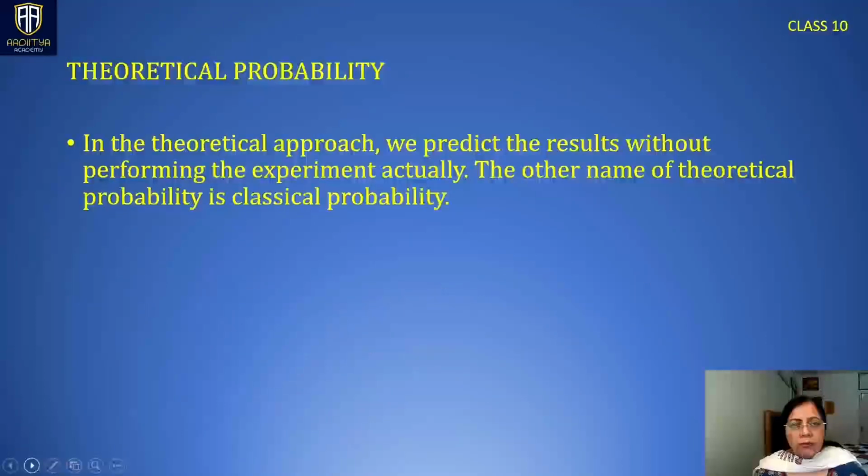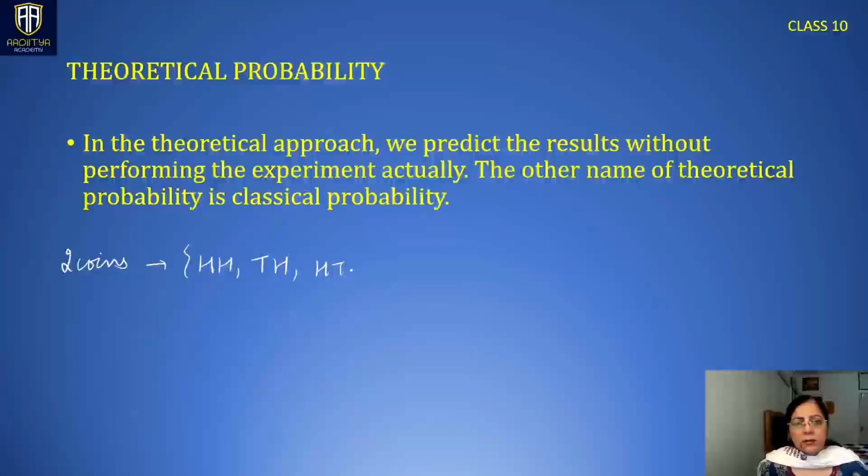But the other type of probability is called theoretical probability. It means we do not have to perform the exact experiment, but since we know the possible outcomes, like if I toss two coins here, the sample space for this experiment becomes head-head, head-tail, tail-head, tail-tail.